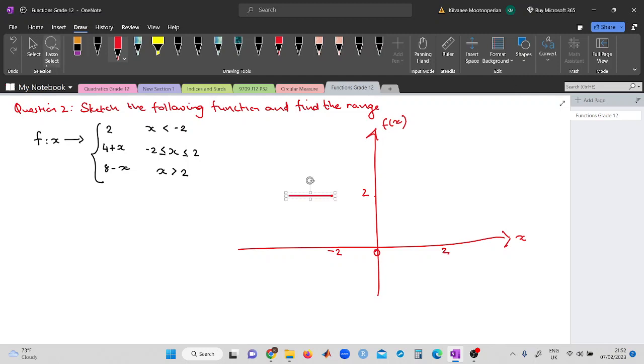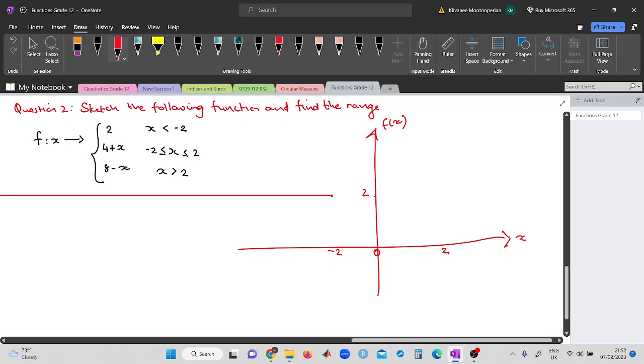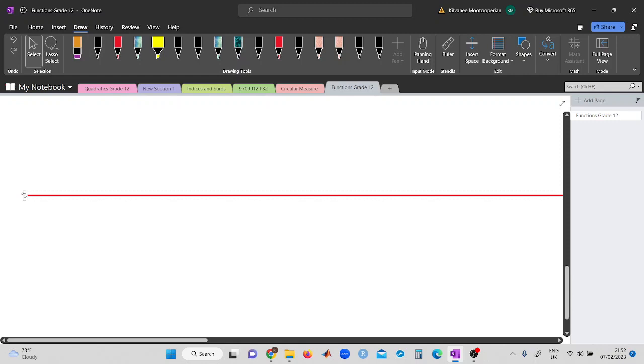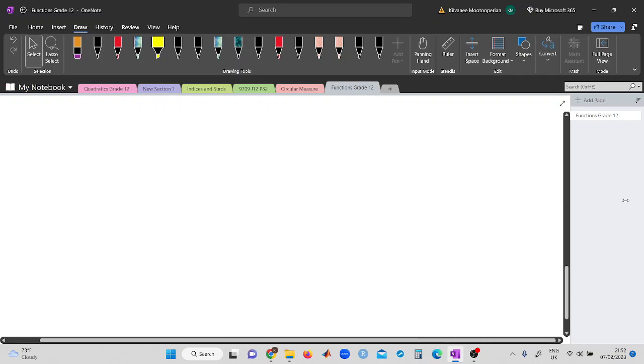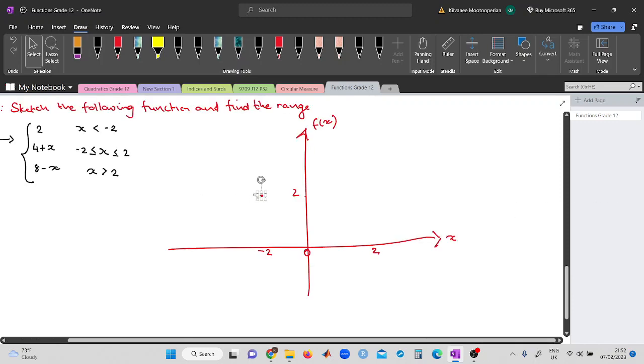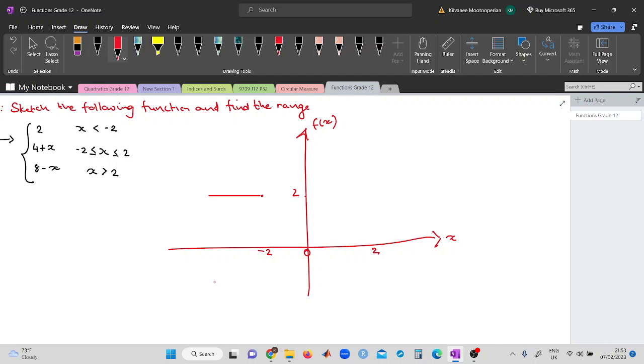Voilà. Okay, let's keep it like that. Okay, donc, when x is less than minus 2, it will be 2. f of x will be 2. Donc, 2 là, 2 ici, minus 2, ok.